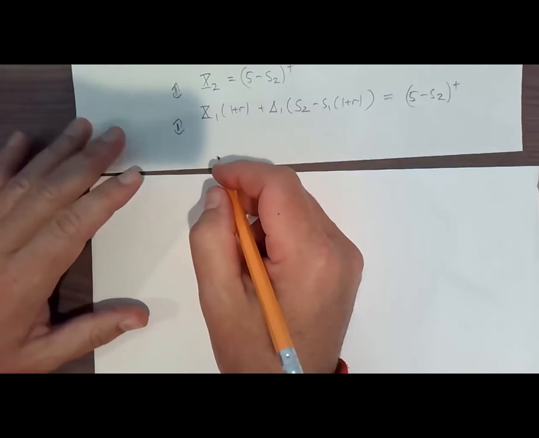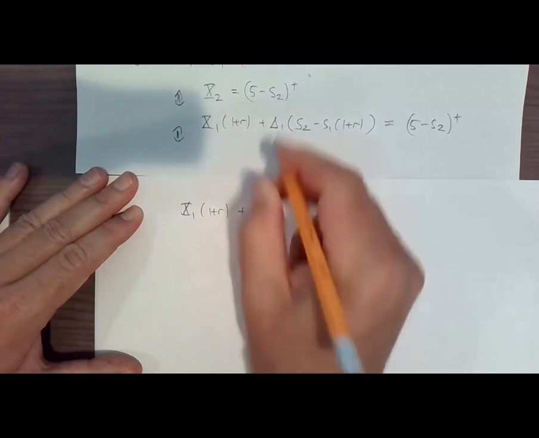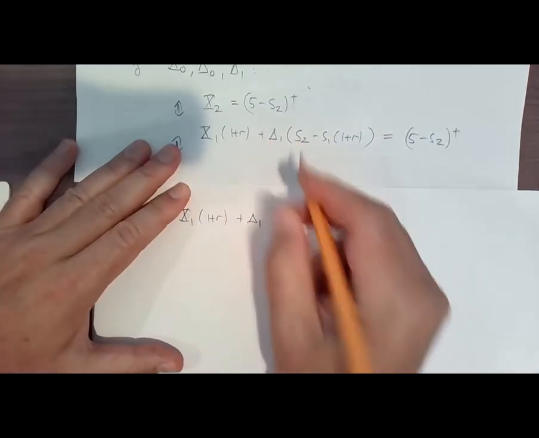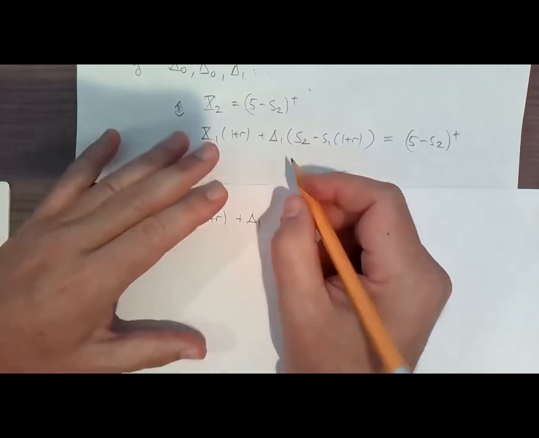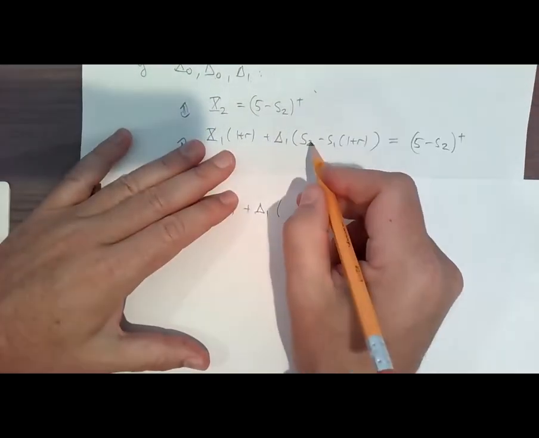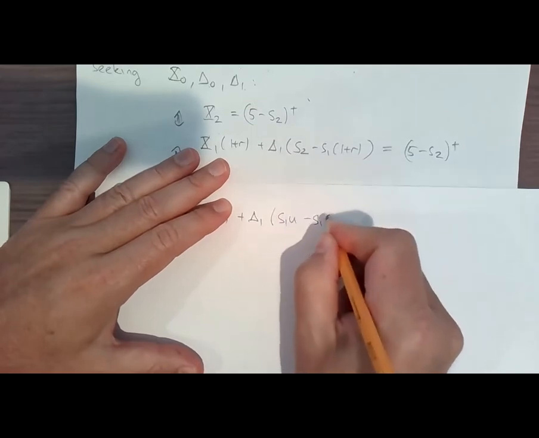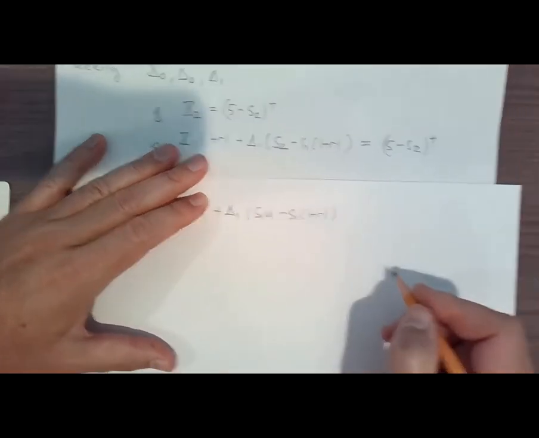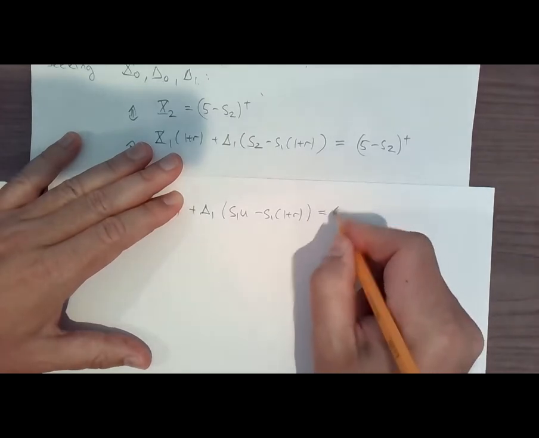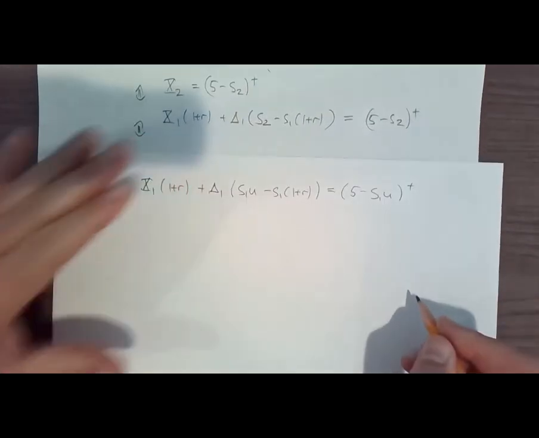So we'll have here x1 times 1 plus r plus delta 1, the number of shares that I have. And now for S2, there are two possibilities. Either it's going to go up or it's going to go down. If it goes up, I get S1 times U minus S1 times 1 plus r. This is going to be equal to 5 minus S1 times U, positive part. That was when I was sitting here and wanted to go up there.